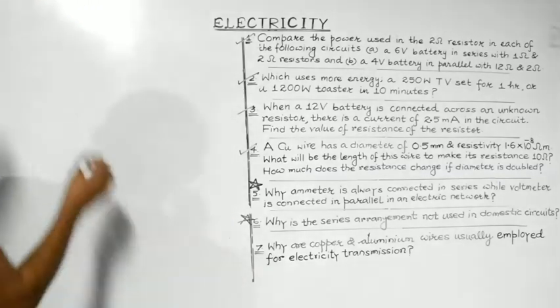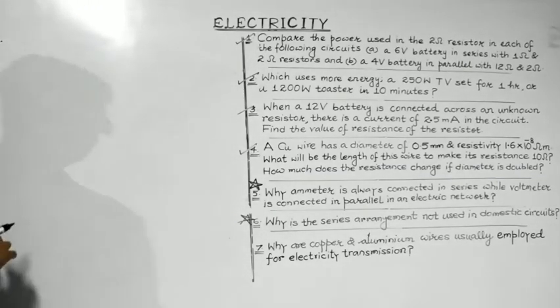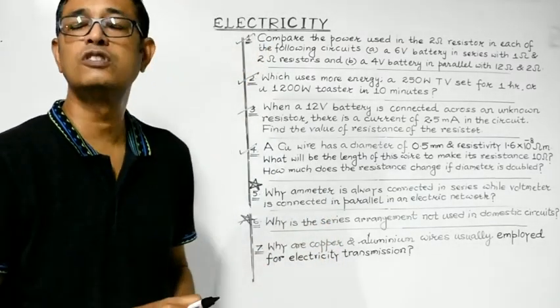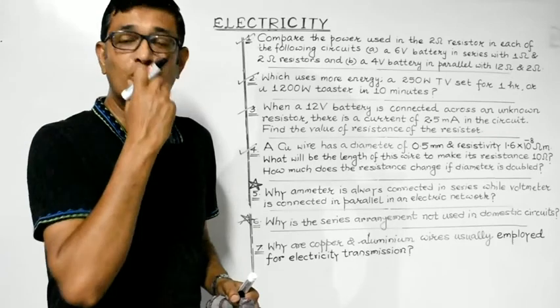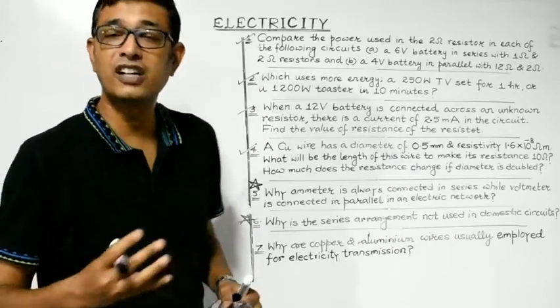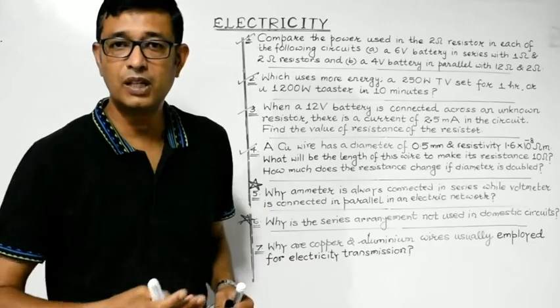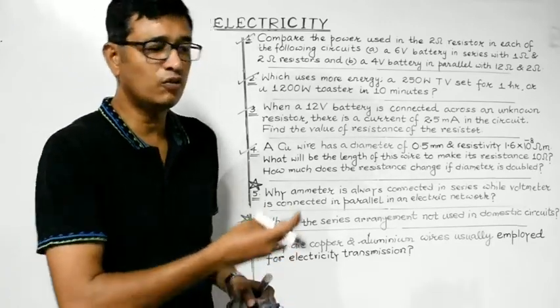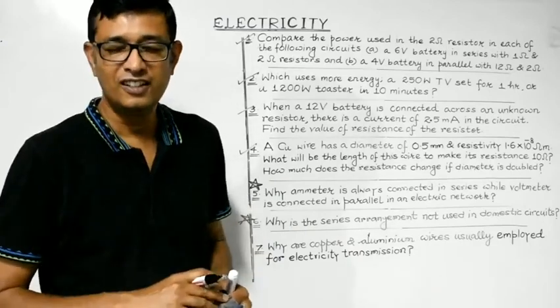I'll give you an example. Let's take the case of a household circuit. Generally in household we make use of several electrical items, starting from electric iron, electric fan, electric bulb, electric refrigerator, isn't it? Then AC, then cooler, then water filter and whatnot. Right?